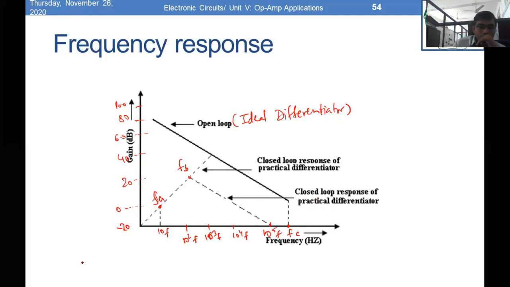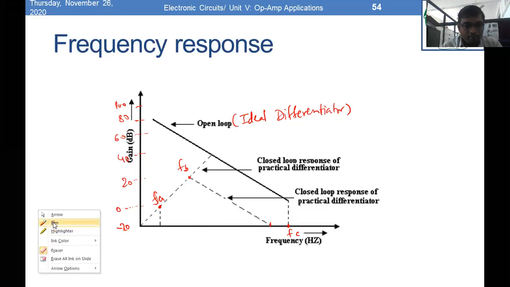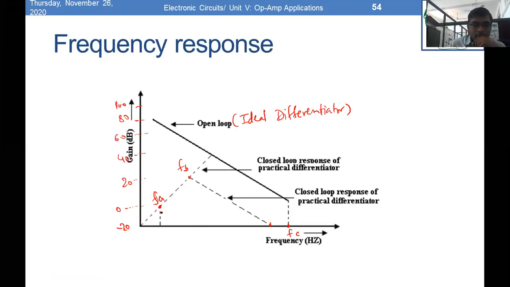What happens is there are lots of conjunctions, so I'm not writing this; I'm directly indicating, as it is so jumbled here, it will be difficult to answer. Simply you have to understand that at FA the gain of the differentiator would be nearly 0 dB or 1, and at FB the practical differentiator would increase at the rate of 20 dB per decade as compared to the previous.